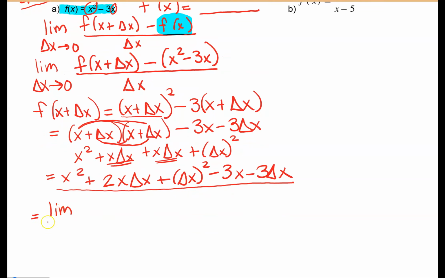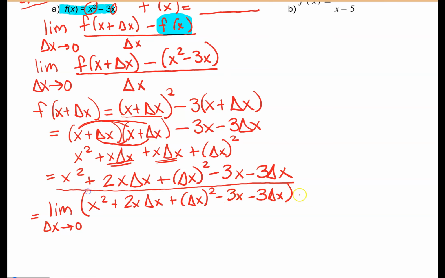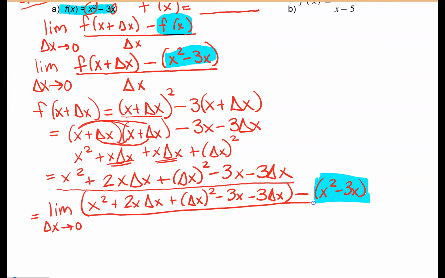It's the limit as delta x approaches 0 of all of that minus the f of x that we had substituted in earlier. So all of that has to go right here. And then all of that is being divided by delta x.